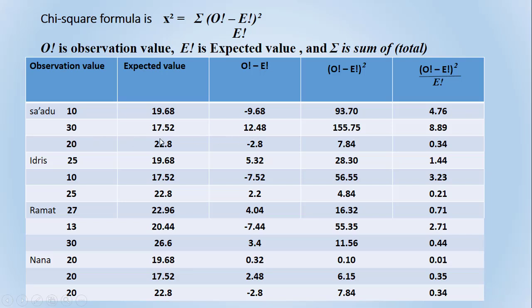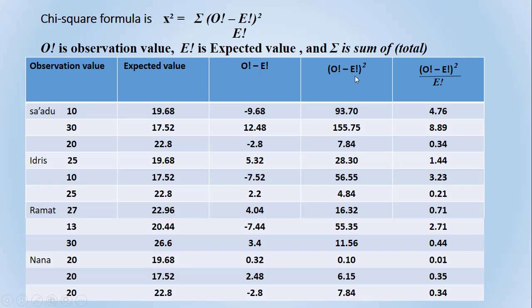So also 20 minus 22.28, we have minus 2.28. If you continue all the way, you will get the same figures. 25 minus 19.68, you have 5.32, like I got here. Just try to subtract and check if your figures are in line with what is written on the screen. Then we move to the next table.